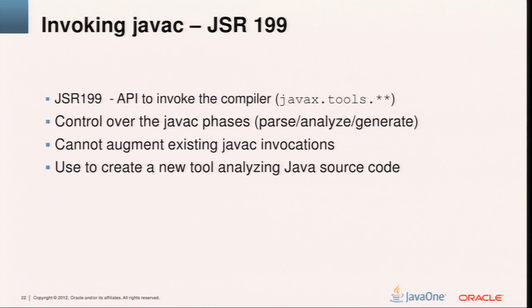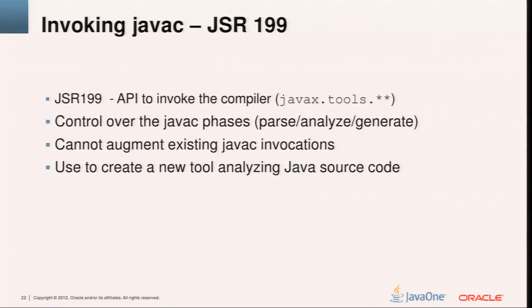Now, let us see how we can invoke javac, how we can invoke the compiler. One option is to use JSR 199, which allows us to construct a compiler tool with some parameters, let it analyze some files, let it create ASTs, attribute them, and even compile the code, I mean produce actual class files.